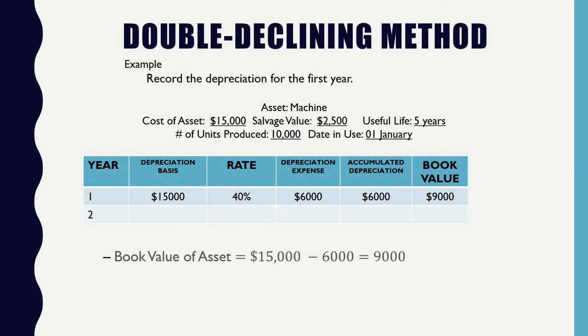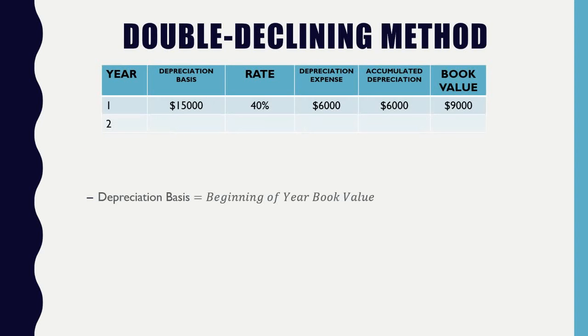Therefore, what should be my book value, my depreciation basis for year 2? It's going to be $9,000, right? Because in this case, the beginning of the year is the same thing as the ending of the year of the previous year. So in this case, you're right. It is going to be 9,000. Okay. Now let's go ahead and continue here. What's my rate going to be this time?